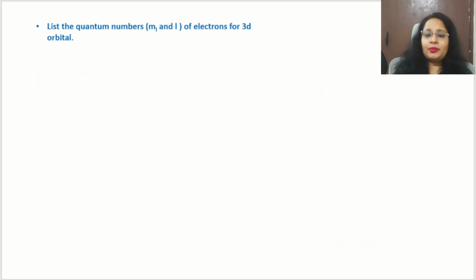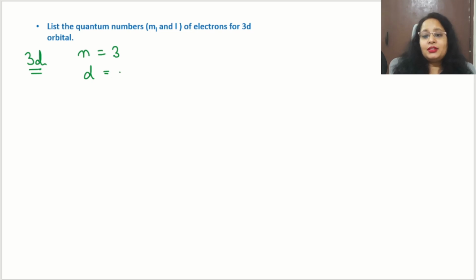Come to the second part. List the quantum numbers, that is ml and l, of electrons for the 3d orbital. Here it is given 3d. Looking at this, 3 means n is equal to 3, and the letter given is d.